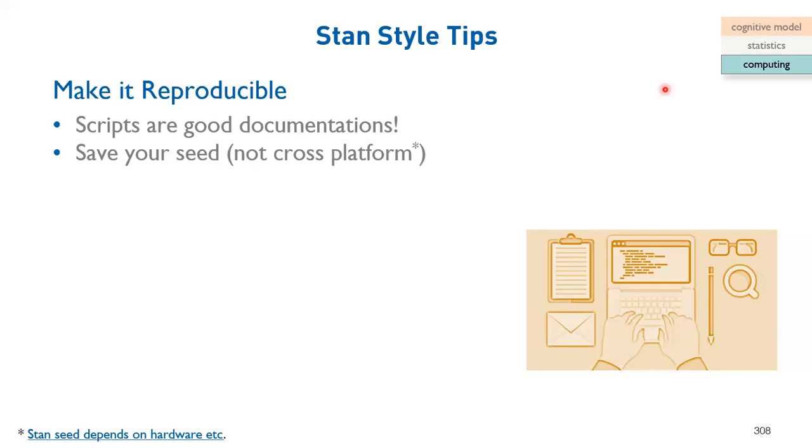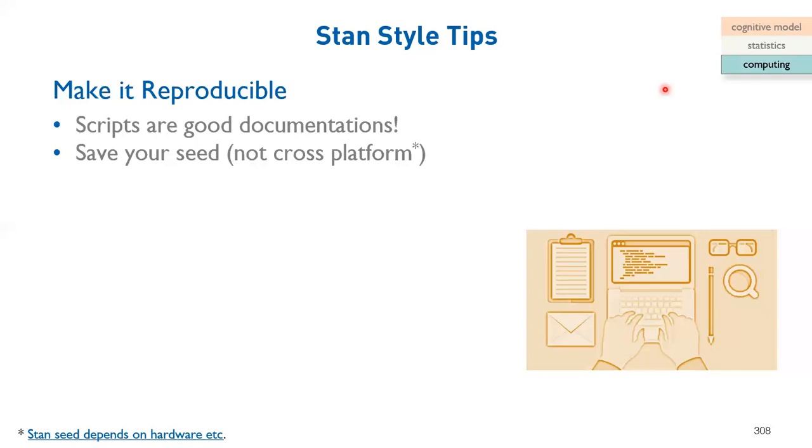Say we set a seed. The seed is for the random number generation. Whenever we use the same random number generation seed, we will always get the same results. So this is for reproducibility. Here I wrote in the comment "not across platform". What I mean is, if I use the same seed in R and you use the same seed in R, we will get exactly the same results.